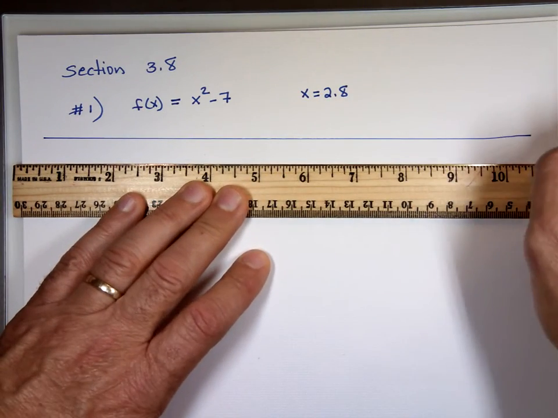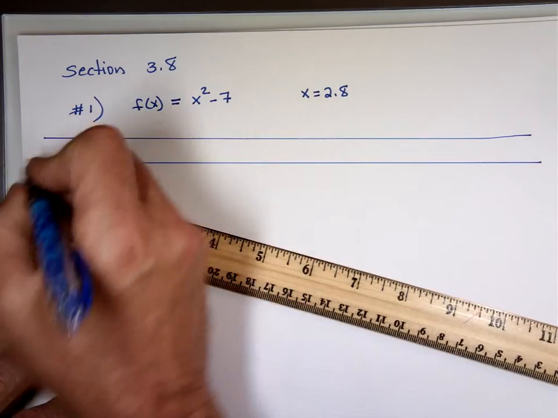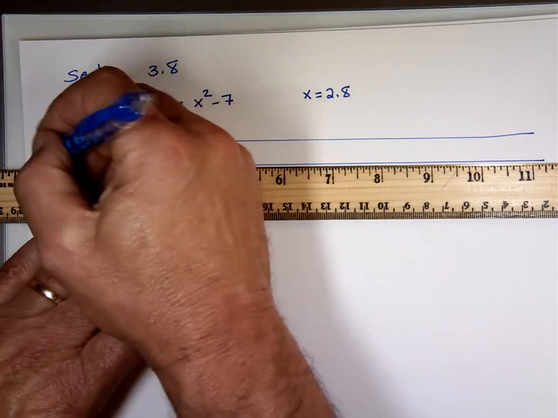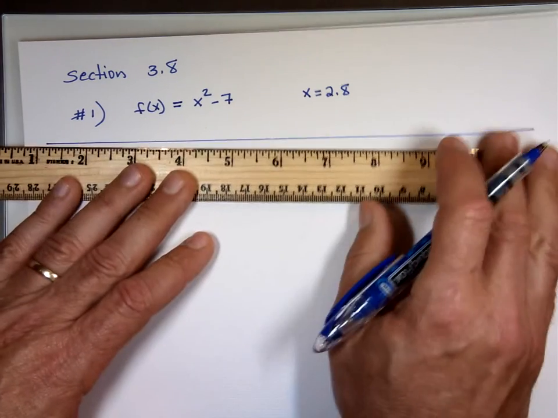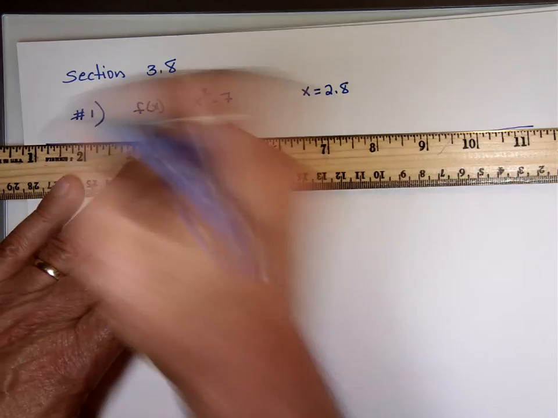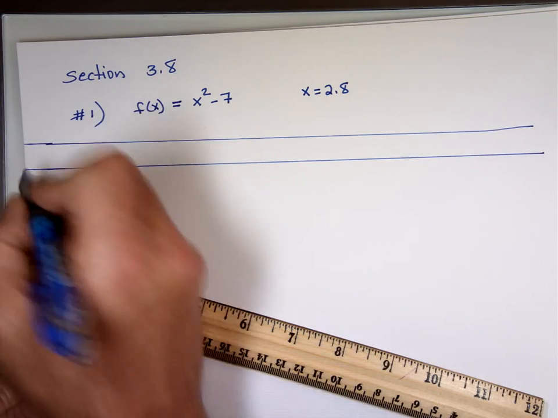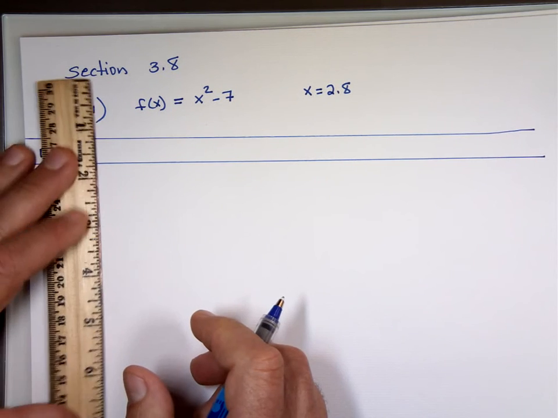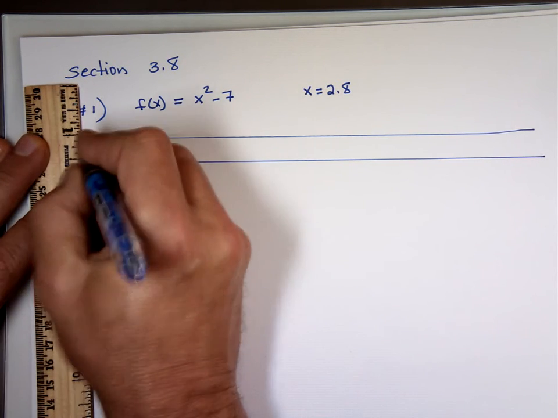The first try, I'm going to use that number. That's n. I'll just run it here. I have no idea how far we're going to go.